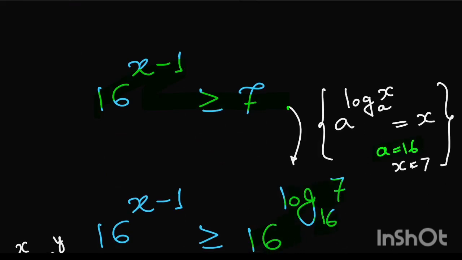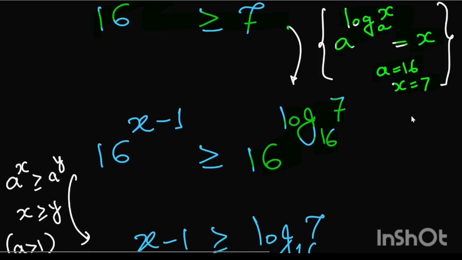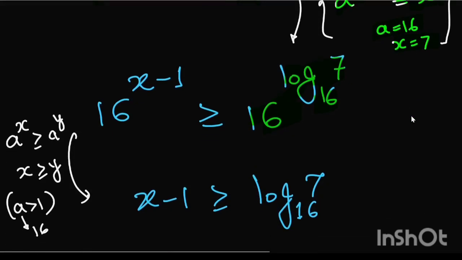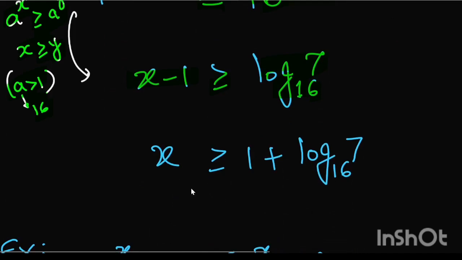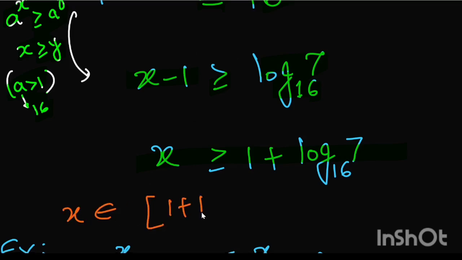As you can see, a is 16 and x is 7 in this formula. Now directly using the formula, the sign won't change, because the base 16 is greater than 1. So x minus 1 is greater than log 7 base 16, so x is greater than 1 plus log 7 base 16, which is the answer. You can write it in interval form: 1 plus log 7 base 16 to infinity.